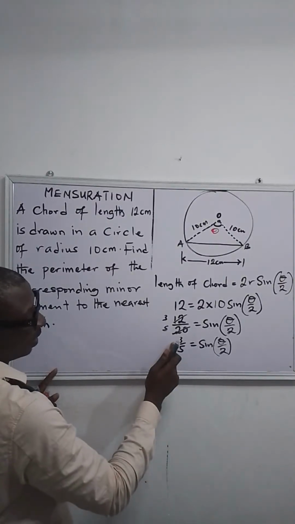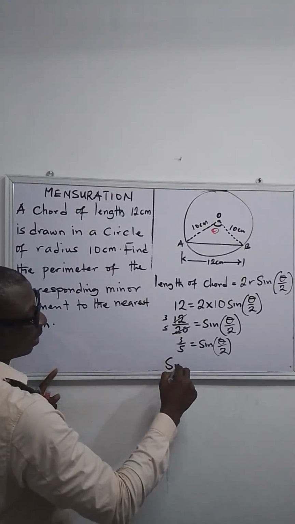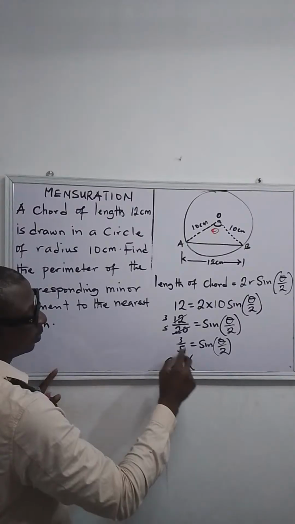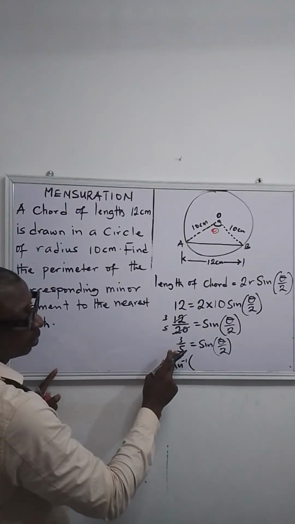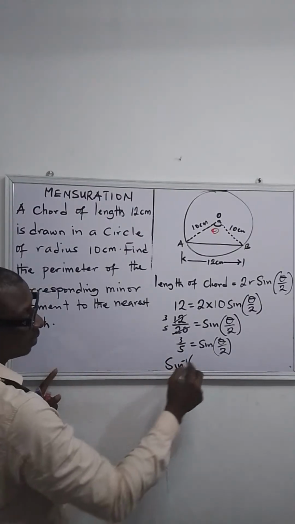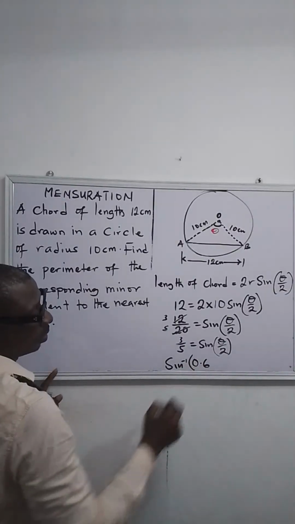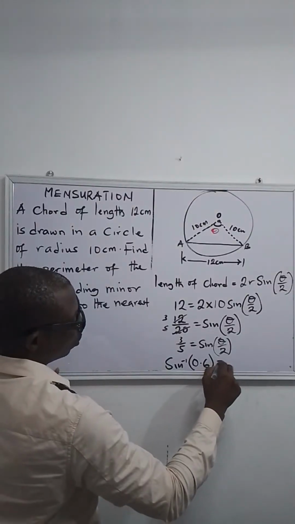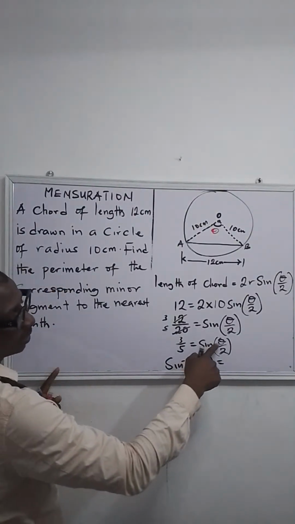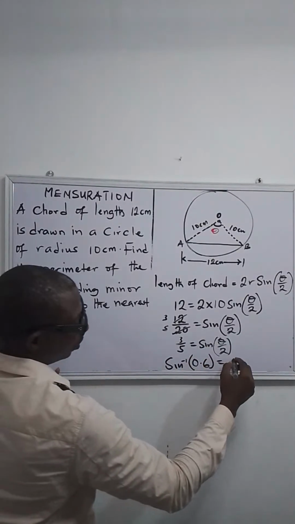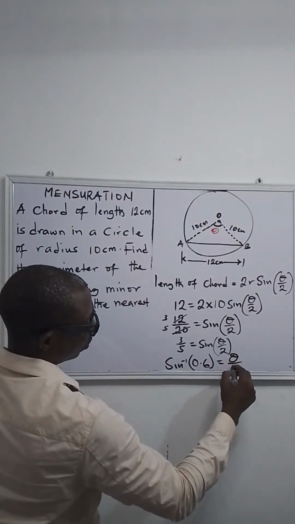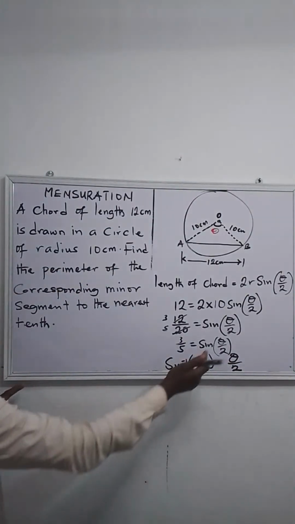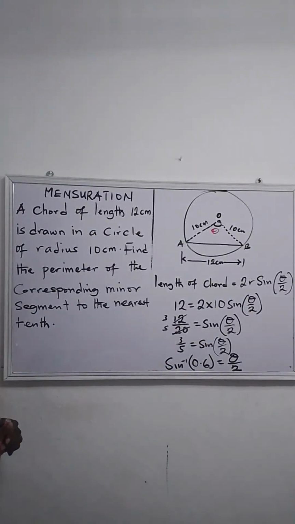So we have arcsine of 3 over 5, and 3 over 5 is the same thing as 0.6. The arcsine of sine theta over 2 is going to give us theta over 2, so the sine here will go away.